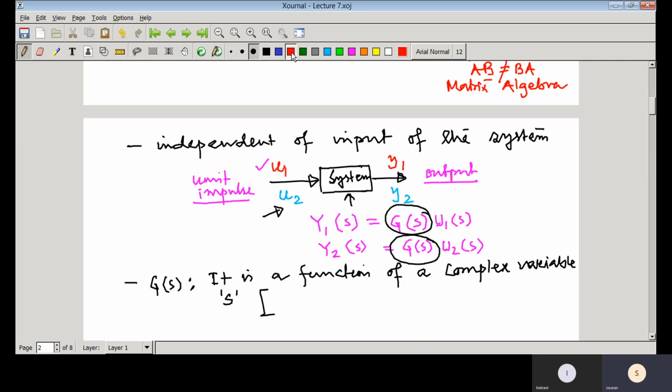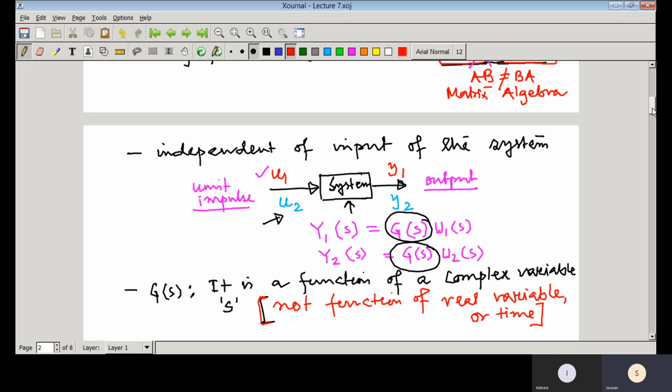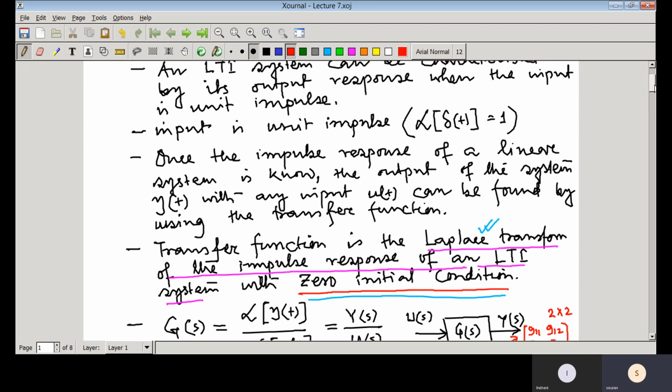It is very important that it is not a function of a real variable or time. You should remember this thing. That means this Laplace transform is a function of a complex variable. It is not a function of any real variable or time. So these are the important features of the transfer function.